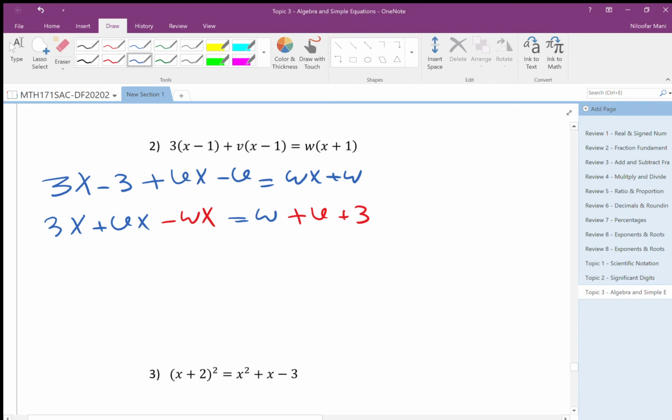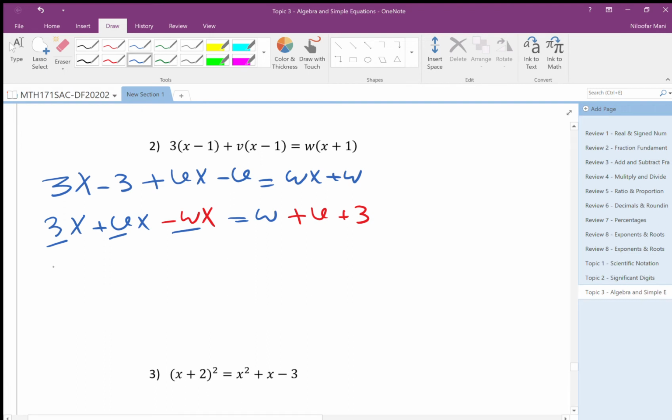No. I know all of them are x, so I shouldn't say they are not like each other. They are like each other because all of them are x, but these parts are not like each other. So I cannot combine them because I don't know what 3 plus v and plus w is.